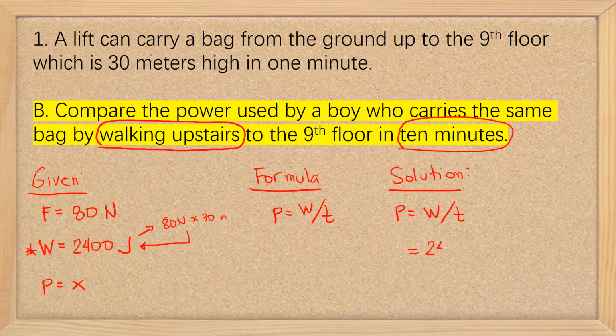Your work here is 2,400 joules divided by time. This time your time taken is 10 minutes. So 10 minutes multiplied by 60 seconds, you will get 600 seconds. So 2,400 divided by 600. You will get a value of power, which is 4 watts.